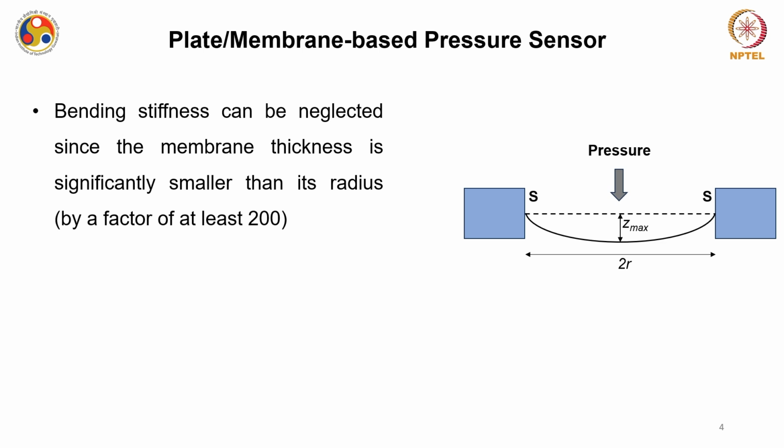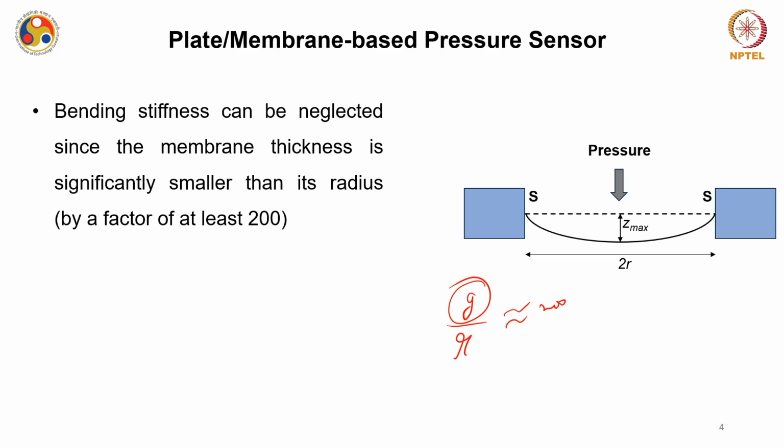Bending stiffness can be neglected in this kind of membrane, because the thickness, say I am calling it G, and the radius r, so G by r is at least 200. So bending stiffness can be neglected since the membrane thickness is significantly smaller than its radius, and in this course we are considering that the ratio between the thickness G and the radius r should be 200, or anything above 200.